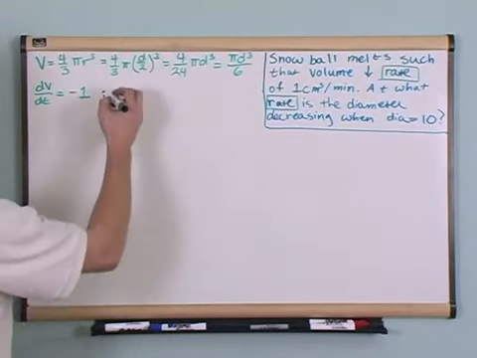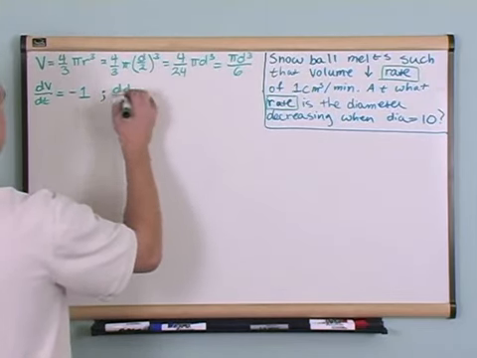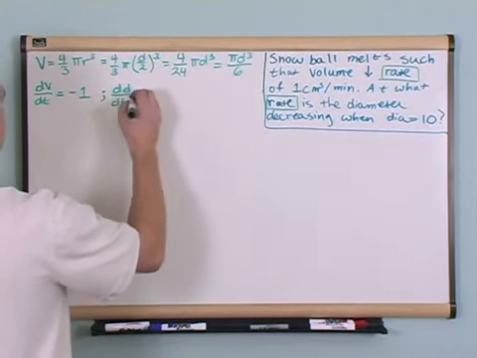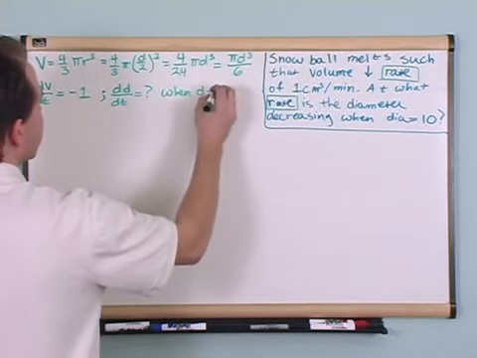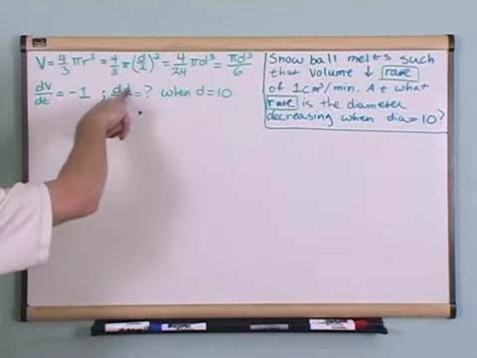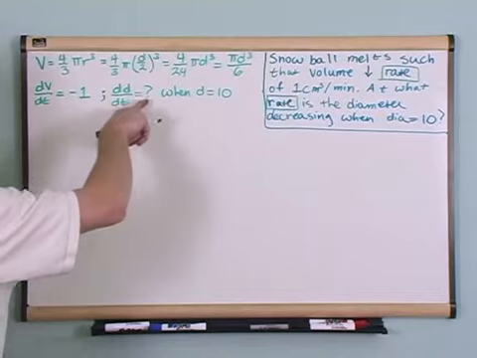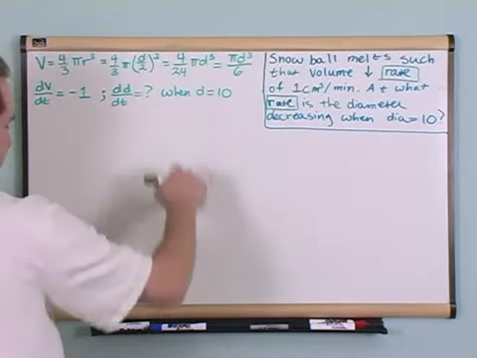So what are they asking us to find? They want us to find the derivative of the diameter with respect to time. What is that equal to when d is equal to 10? That's what this last sentence says: at what rate, the derivative of the diameter, dd/dt, what is that rate when the diameter is equal to 10?